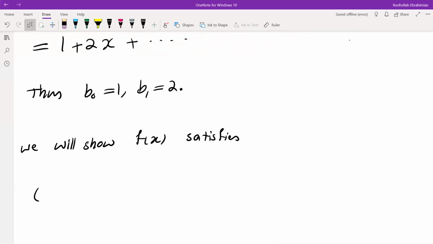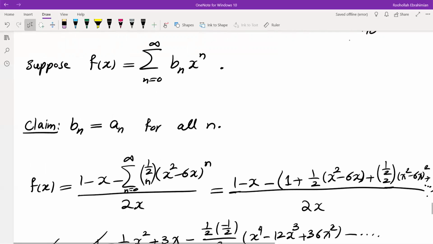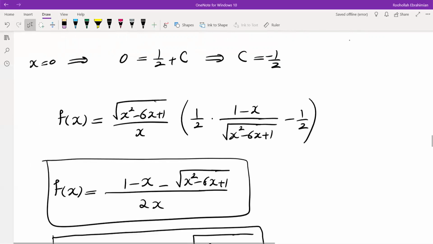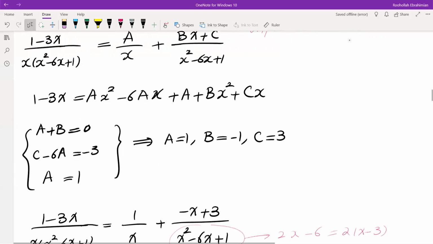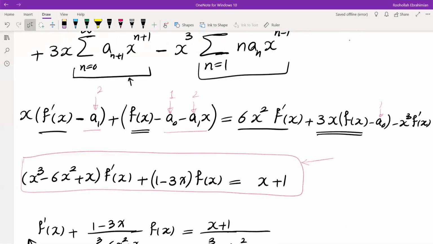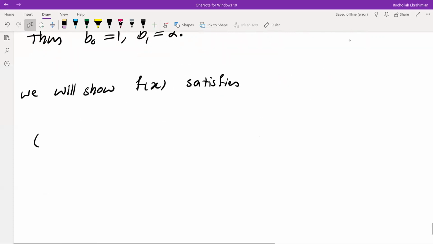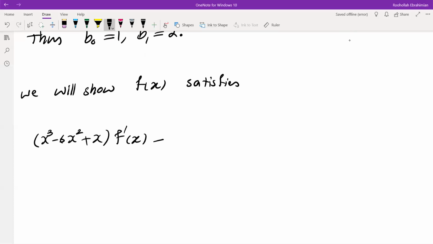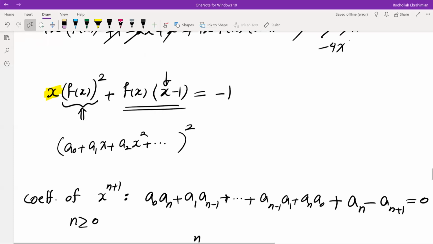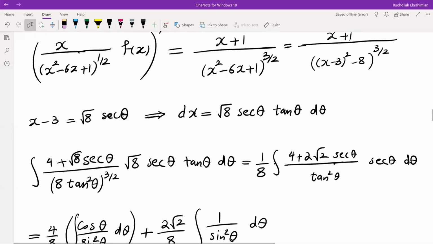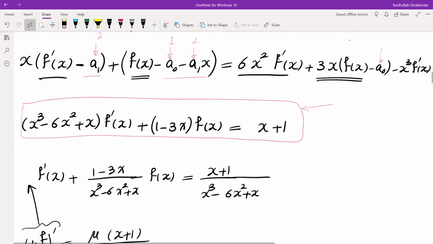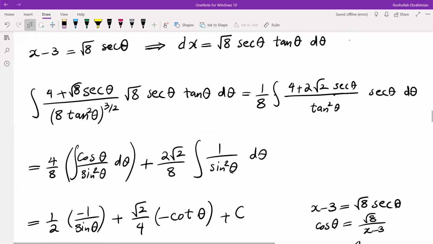The key recursion was what I boxed up here, which was x cubed minus 6x squared plus x times f prime of x plus 1 minus 3x f of x equals x plus 1.